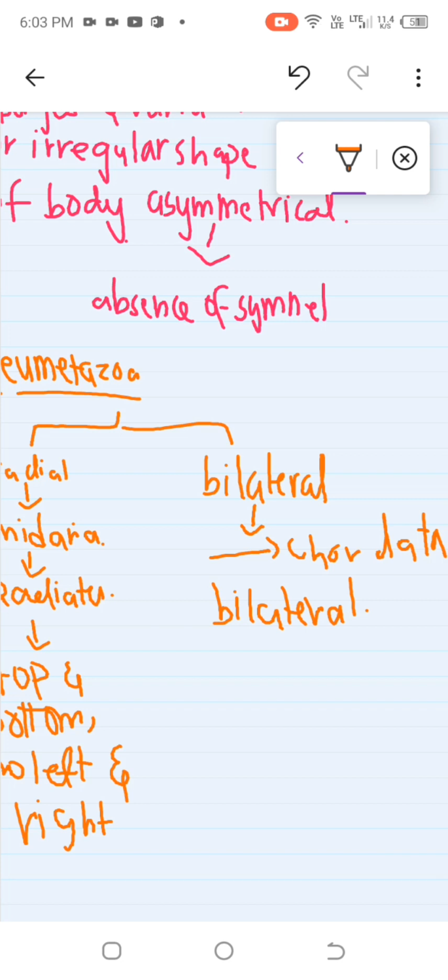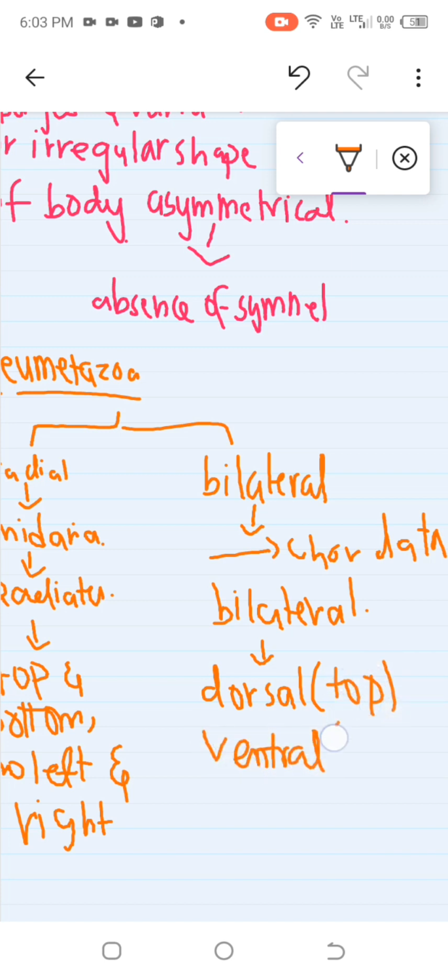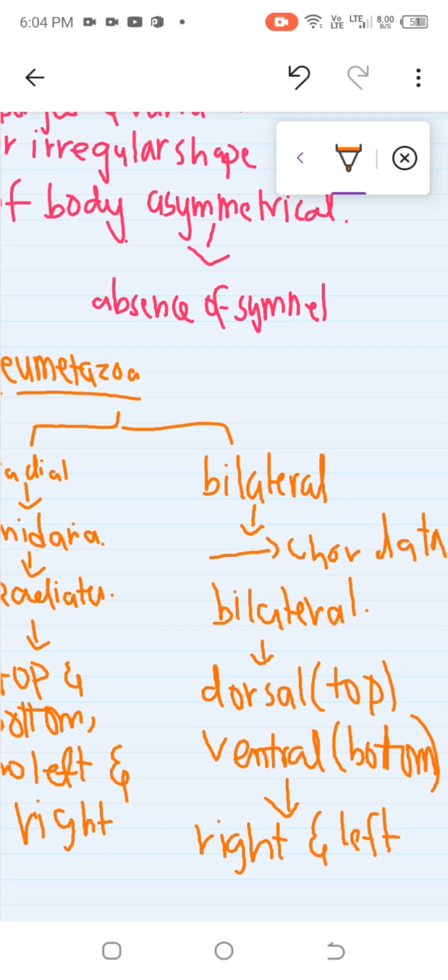These phyla have a dorsal side, which means the top side, and a ventral side, which means the bottom side. But they also have a right side and a left side. So these are bilateral animals.